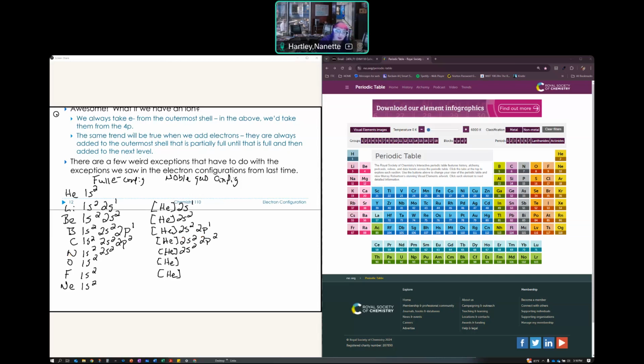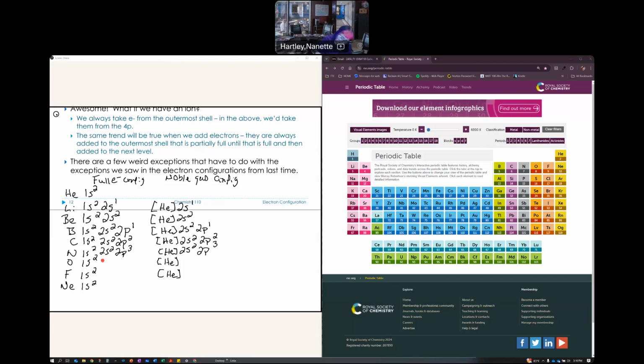Nitrogen now has 3 electrons in the p. So p can contain a total of 6. So I have 2p3. Now, we actually have 1 in each of the p orbitals at this point. We don't show that here. So I now have 3 of them in the p's, so 2p3.